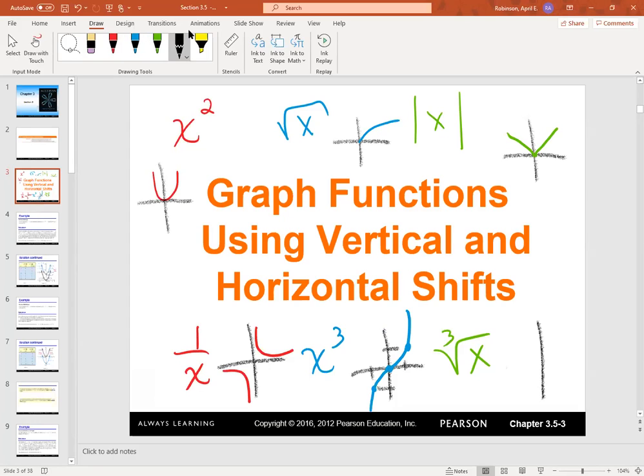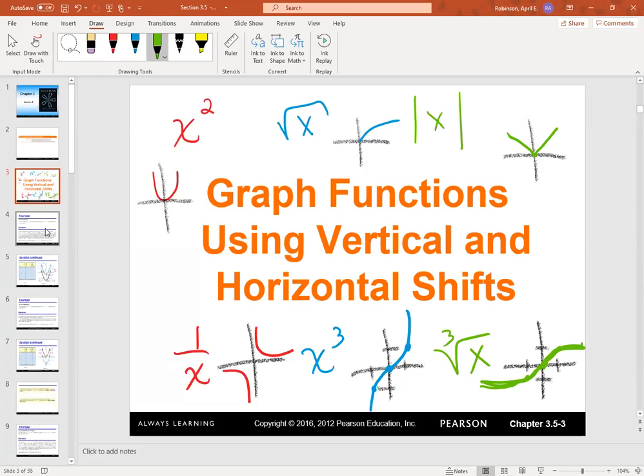And then the cube root of x basically did the same thing, except its shape was a little different. It went like this. I'm not real good at sketching. Okay. So those were the basic graphs.